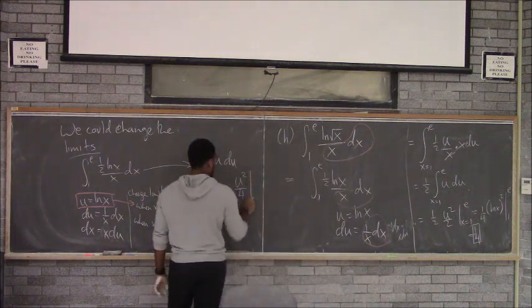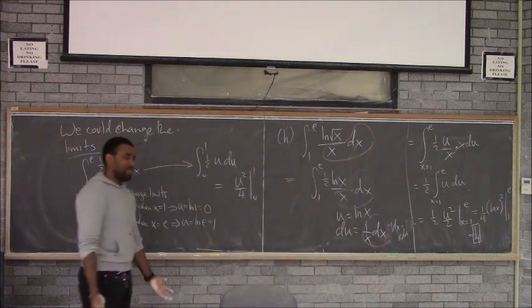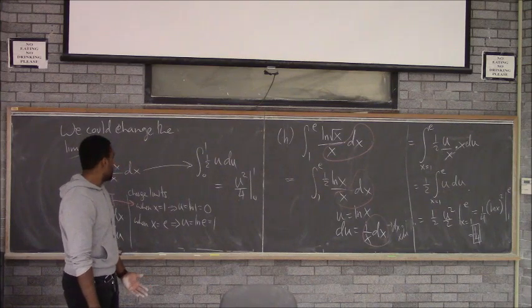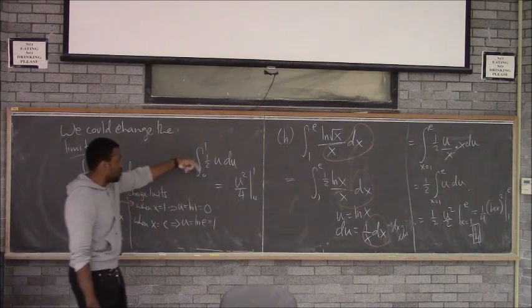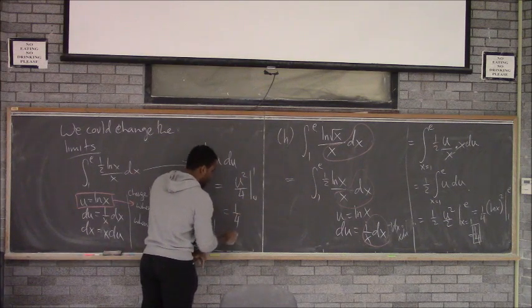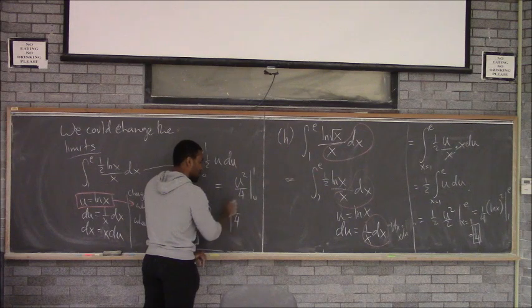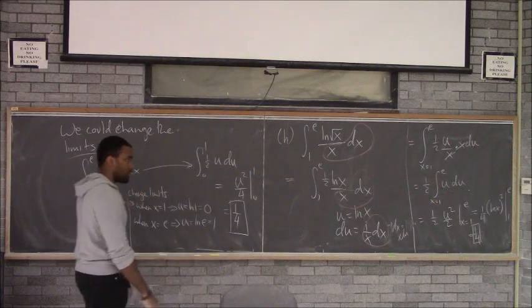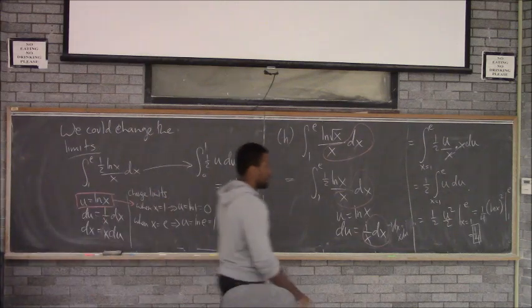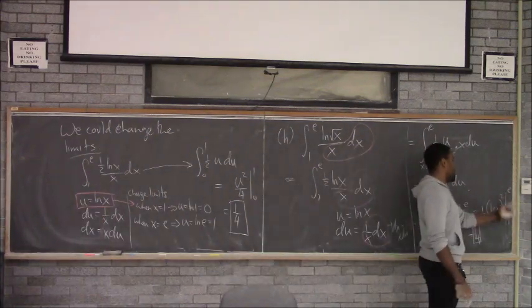But now I don't have to change it back to x's because I changed my limits to be in the new variable u. So I can just take this 1, plug in, that's a quarter. Take the 0, plug in, that's 0. So this is what I mean. Back substitution is optional if you have definite integrals.